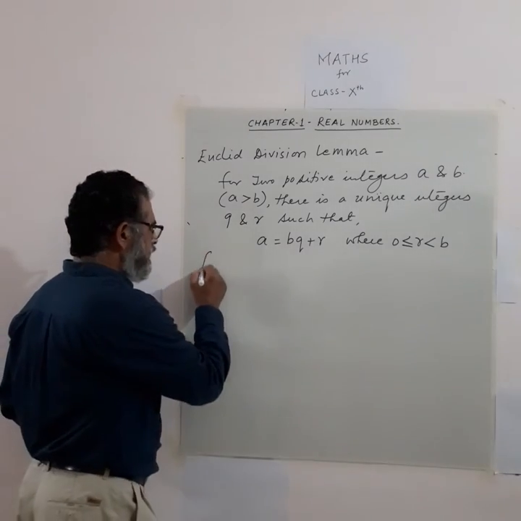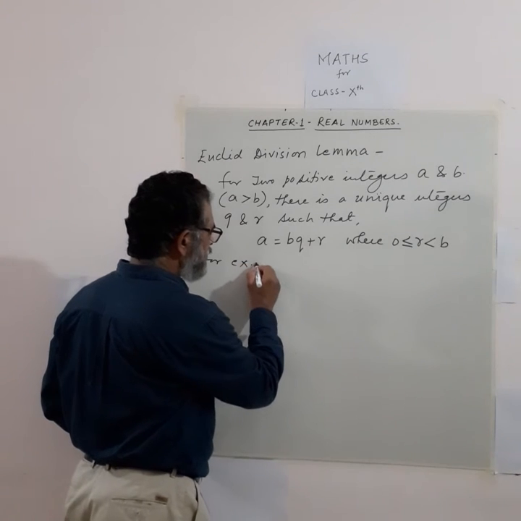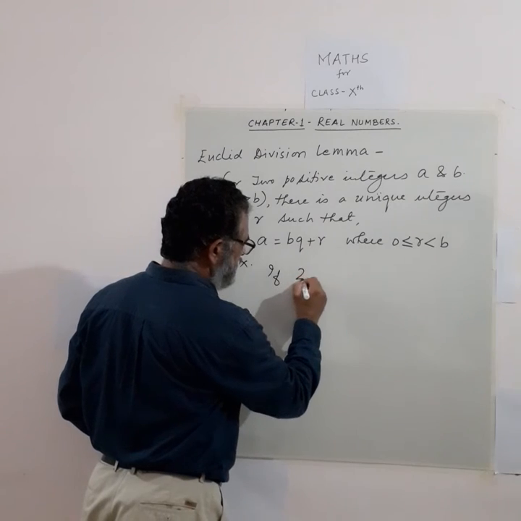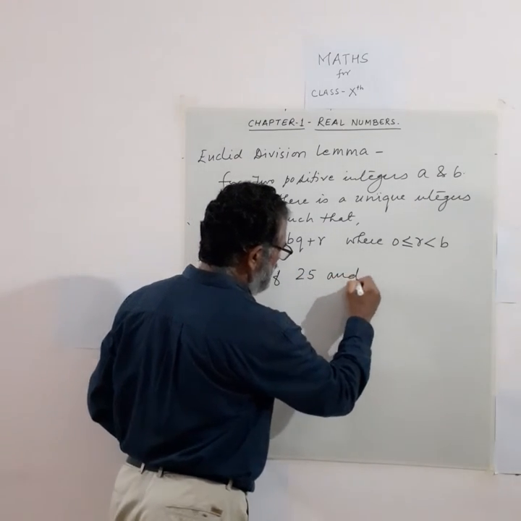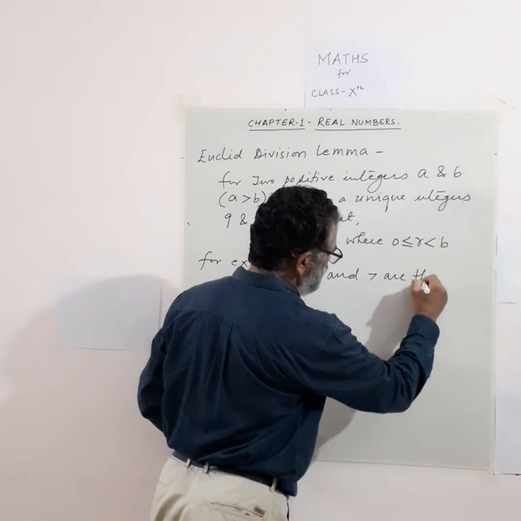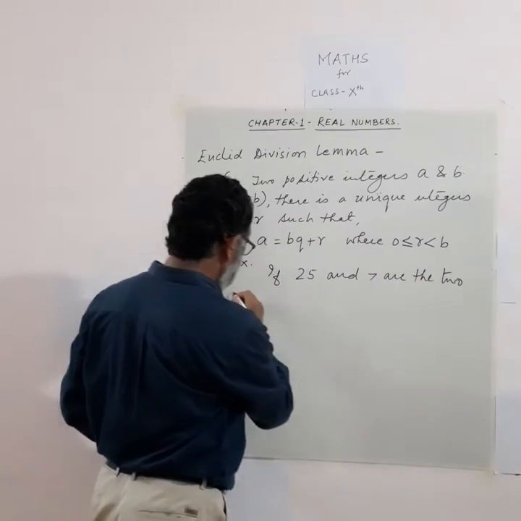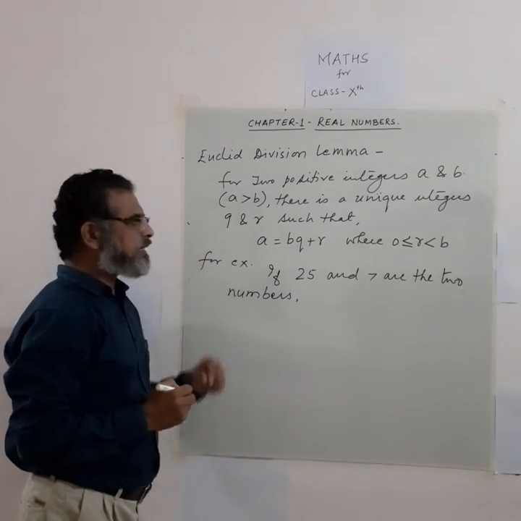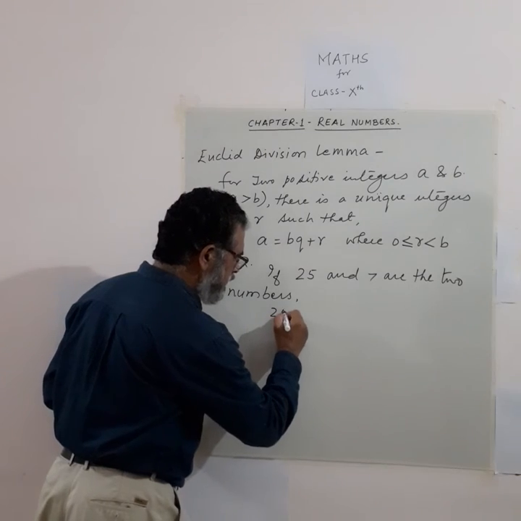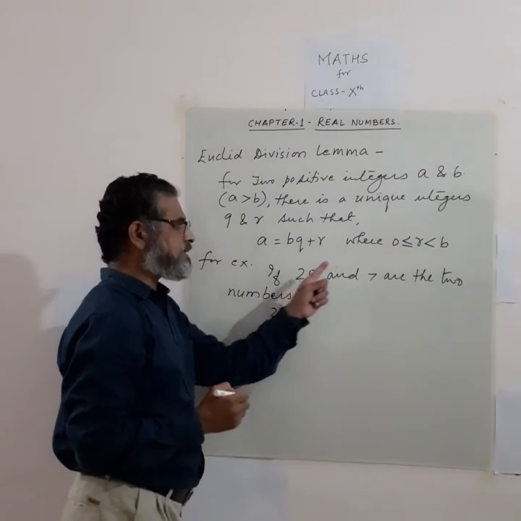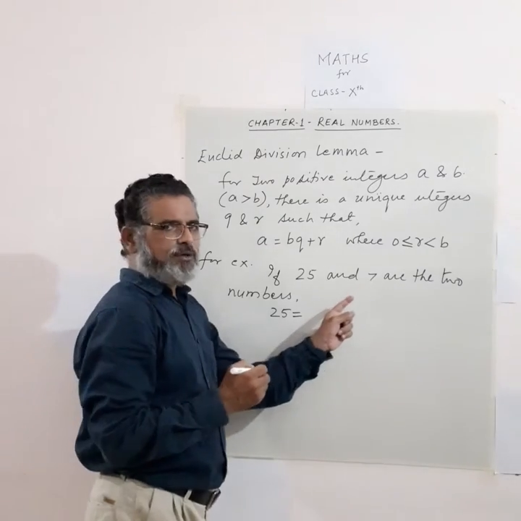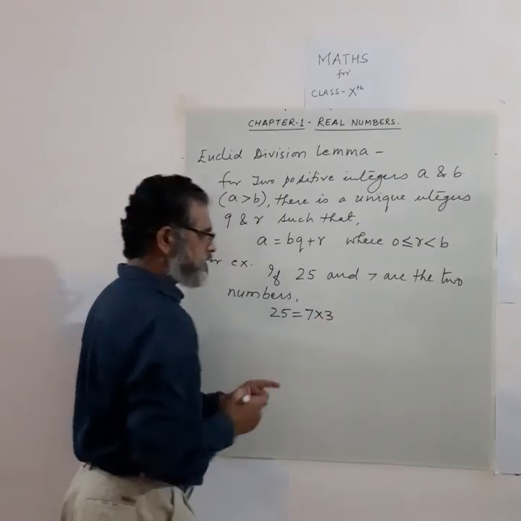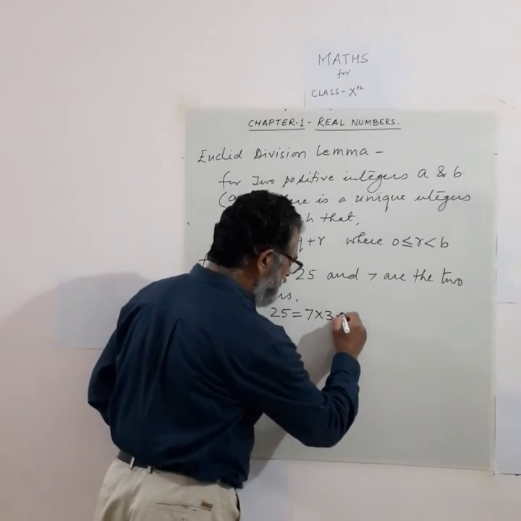For example, if 25 and 7 are the two numbers, how do we write these numbers by Euclid's division lemma? 25 is divided by 7, 3 times, 7 threes are 21, and 4 is the remainder.